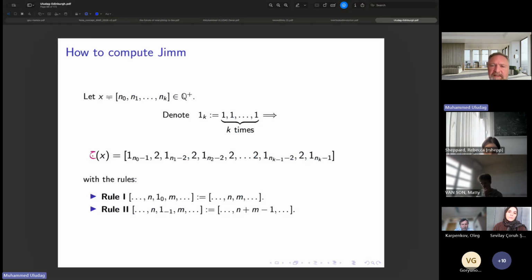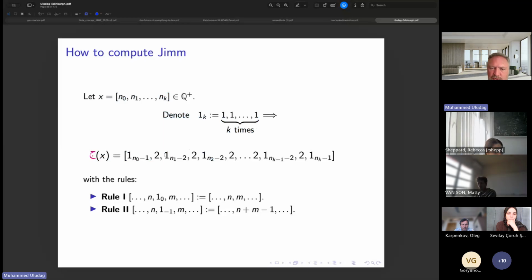If x is given in a continued fraction form like this, let us denote 1 sub k a sequence of k ones, like here. Then the Jimm of this continued fraction is obtained as follows: we replace n0 by a sequence of n0 minus 1 ones, as here.